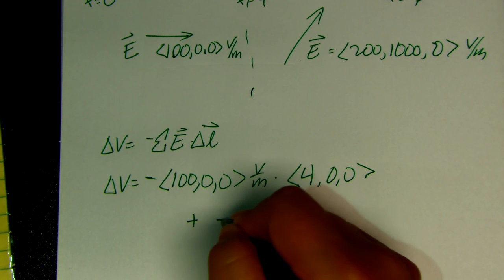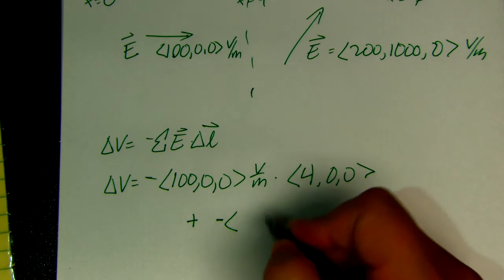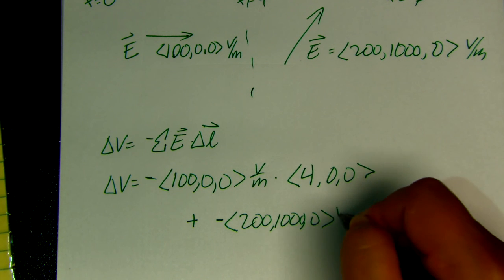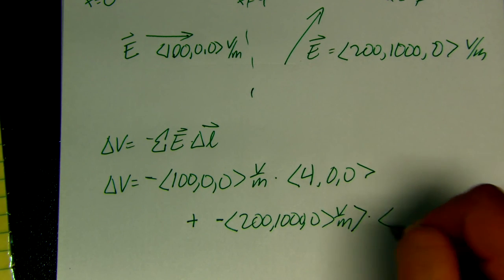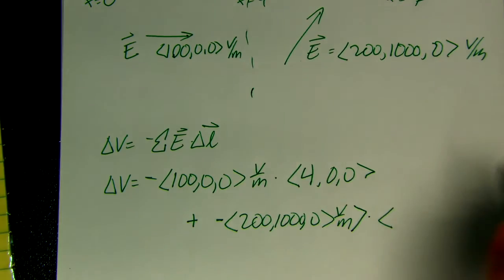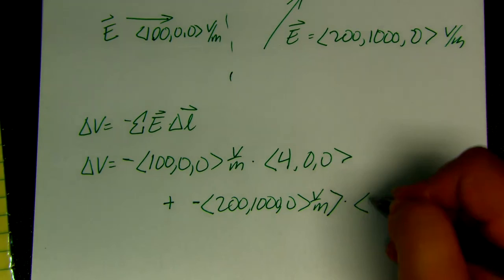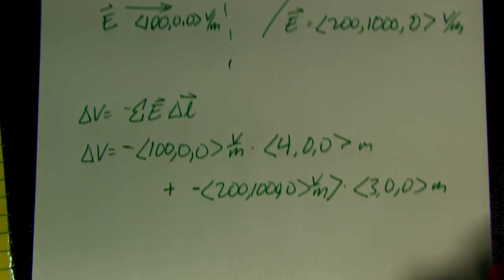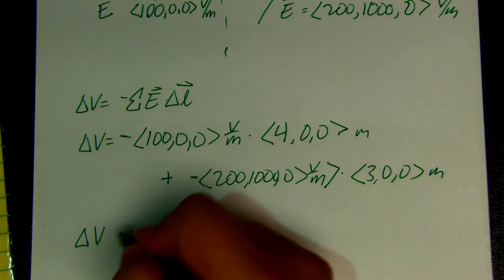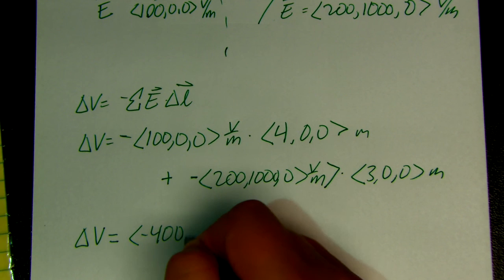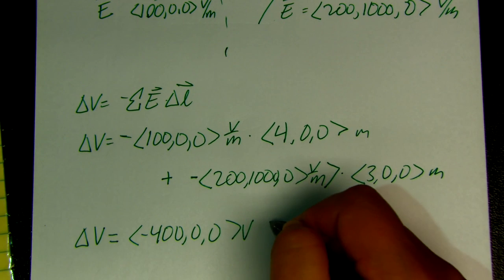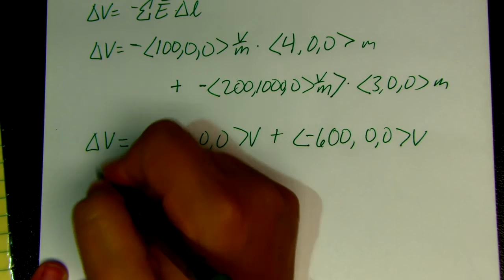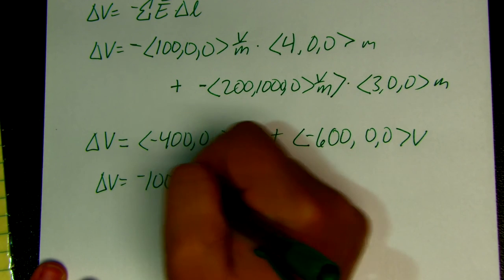And then plus, minus, because we have that negative sign, we would have (200, 1000, 0) volts per meter, dotted with this displacement, which is just 3. That's B to C, (3, 0, 0). And so delta V is equal to minus 400 volts, plus minus 600 volts. And so delta V is just minus 1,000 volts.